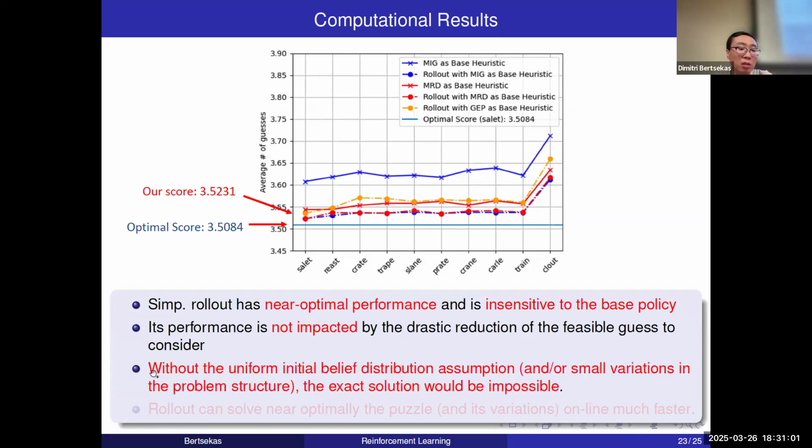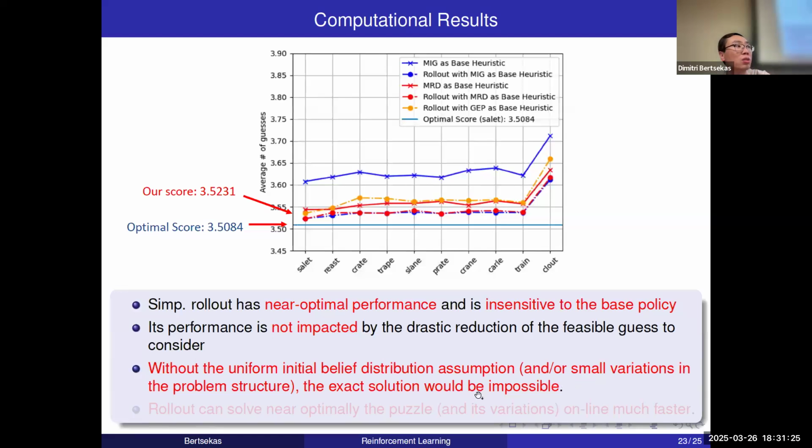And as I mentioned earlier, without the uniform initial belief distribution assumption and some small variation of the problem structure, the exact solution would be impossible. It would be too difficult to solve. The computational demand increases exponentially in dynamic programming and optimal control applications.